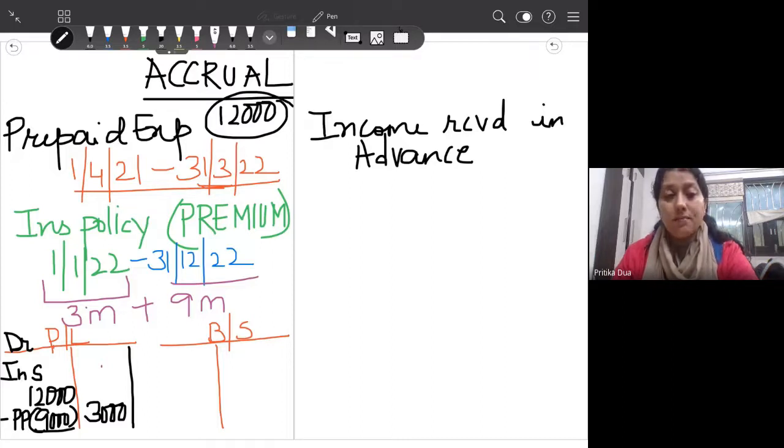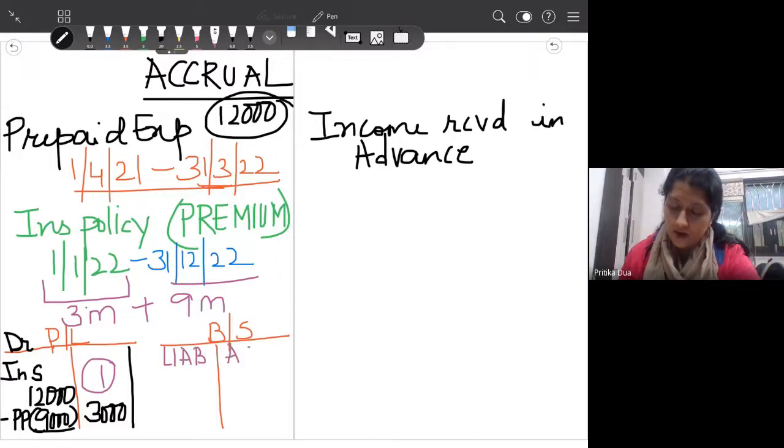Now, next impact will be in the balance sheet. Now think and tell me, is this 9,000 that has been paid in advance a liability for the business or an asset for the business?